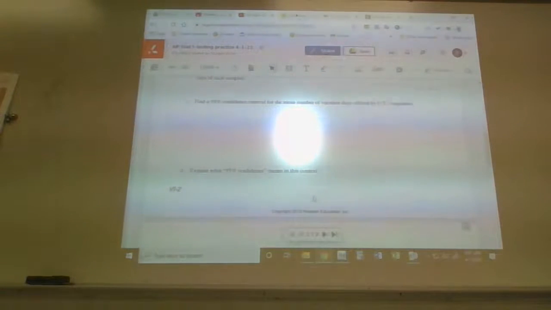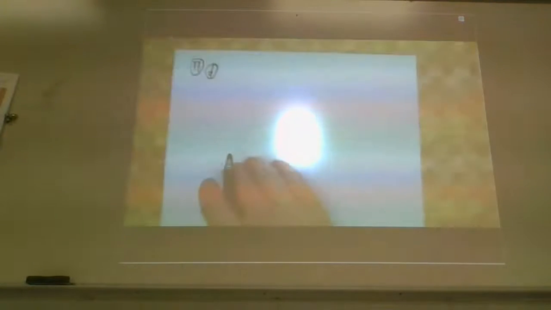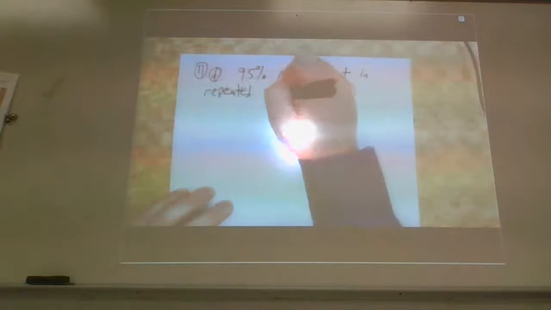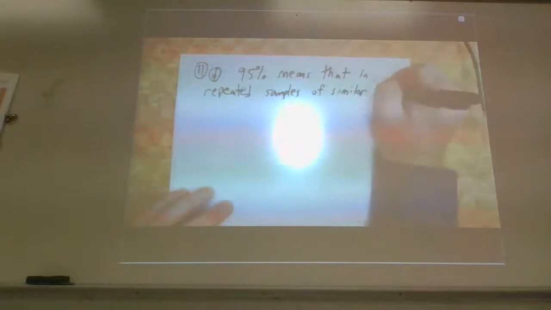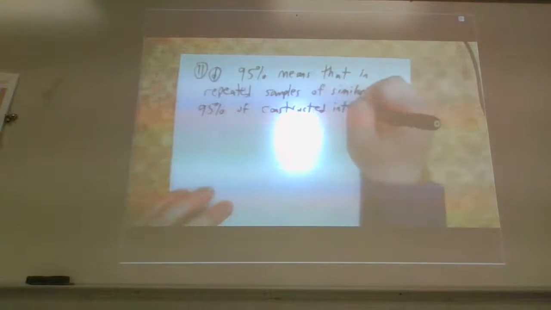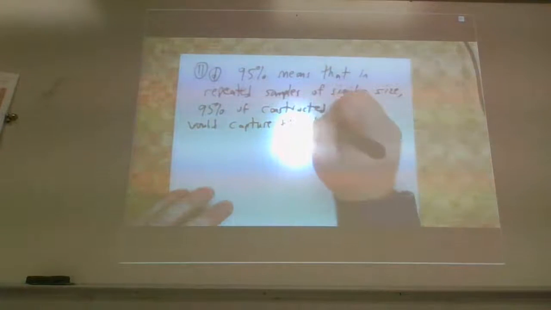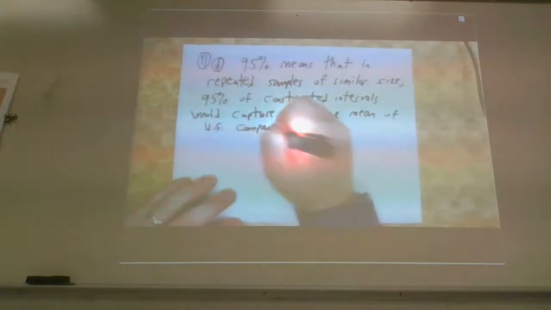Again, something that goes back to what we did, part D, on the actual major. 95% means that in repeated samples of similar size, 95% of constructed intervals would capture the true mean of U.S. company vacation days offered.